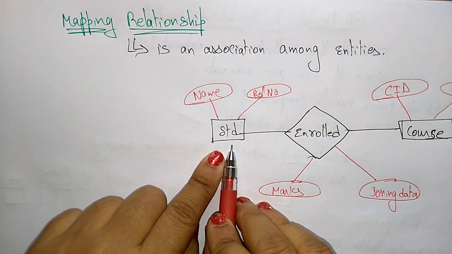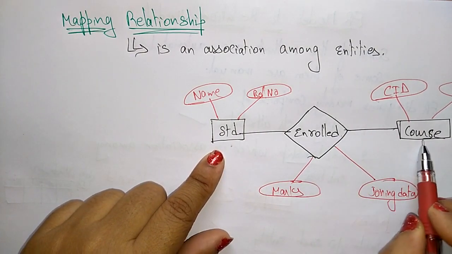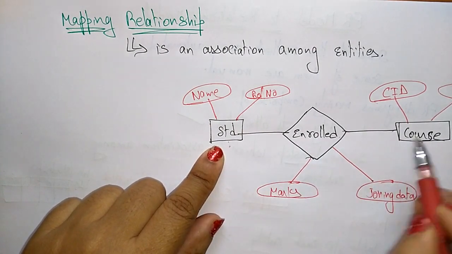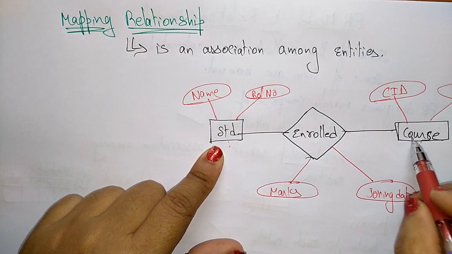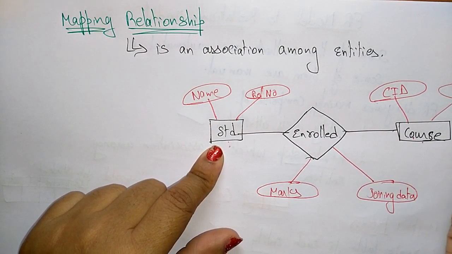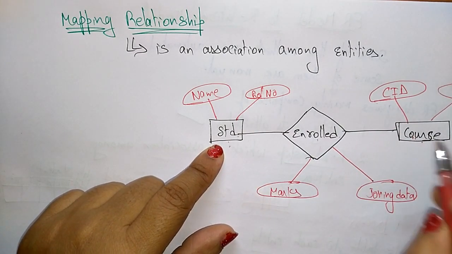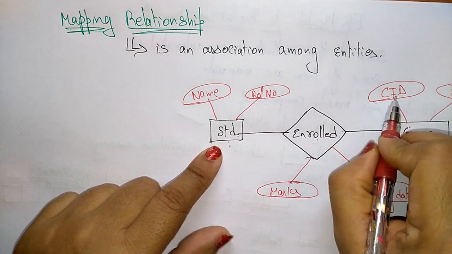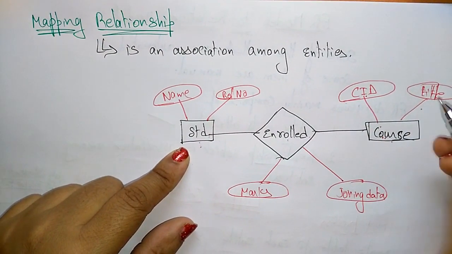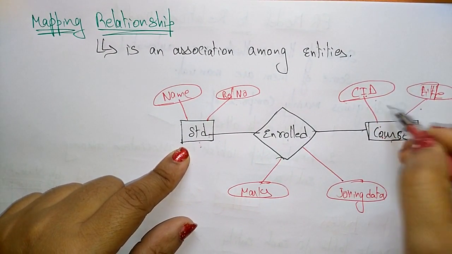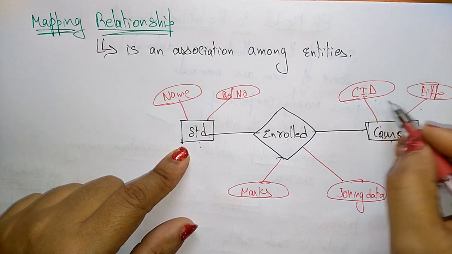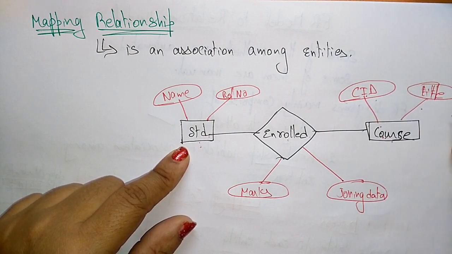Here a student is enrolled for a course. A student may enroll for more than one course. He may do C, C++ or Java. For each course, there is a course ID and the title of the course. Suppose the course ID is 01 and the title is C++. Course ID is 02 and the title is Java, like that.